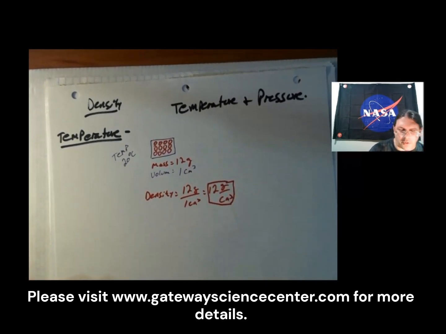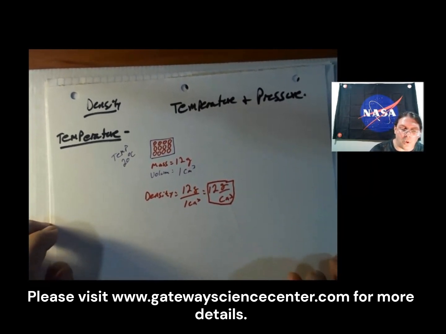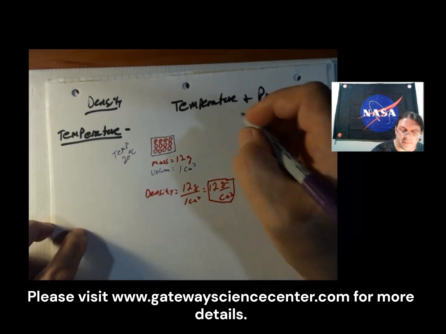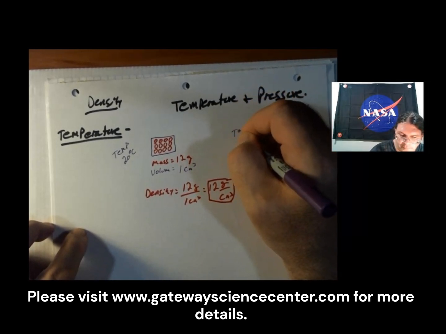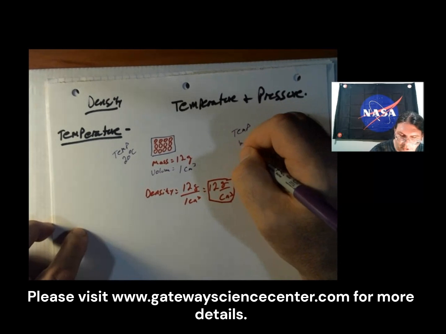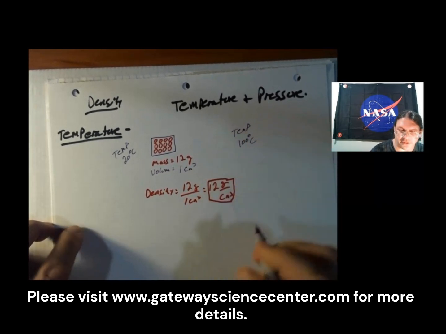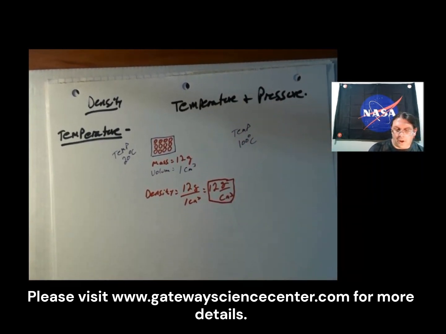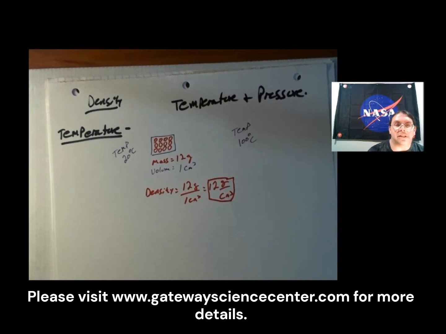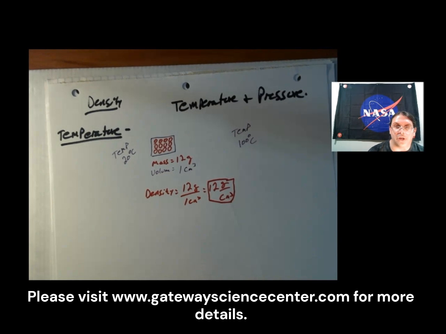Now what I'm going to do is increase the temperature. Let's say I make the temperature go to 100 degrees Celsius. What usually happens to the size of the object when the temperature on the object goes up?